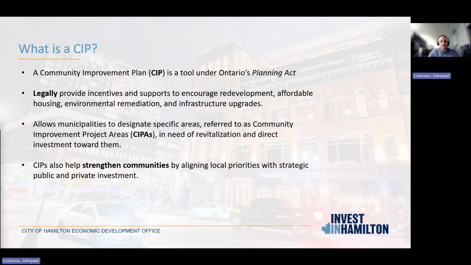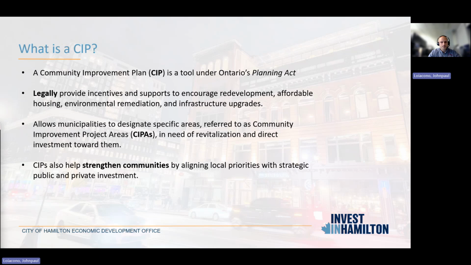The permissions to create and adopt a CIP come from the Planning Act and the city's official plan. This is the document that provides a long-term land use planning vision that guides development and infrastructure decisions. That official plan has specific policies in it that permit CIPs.